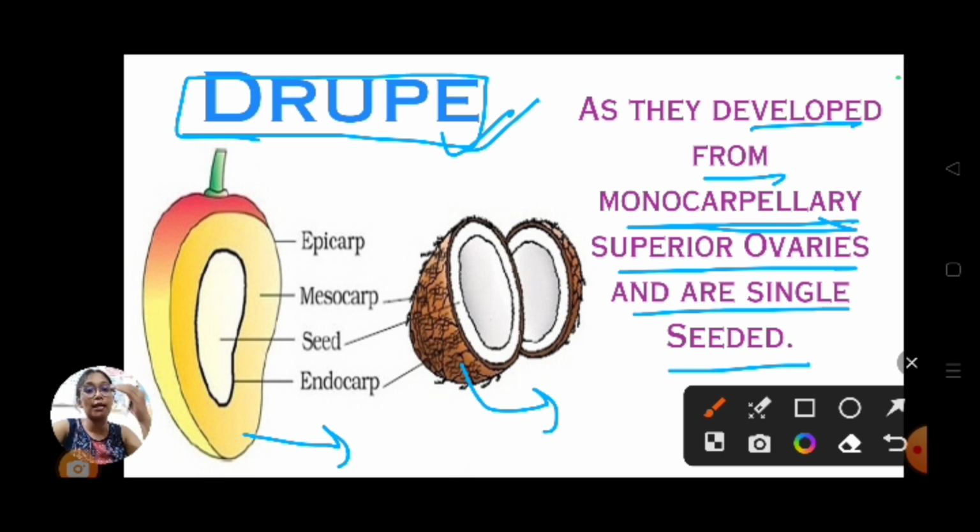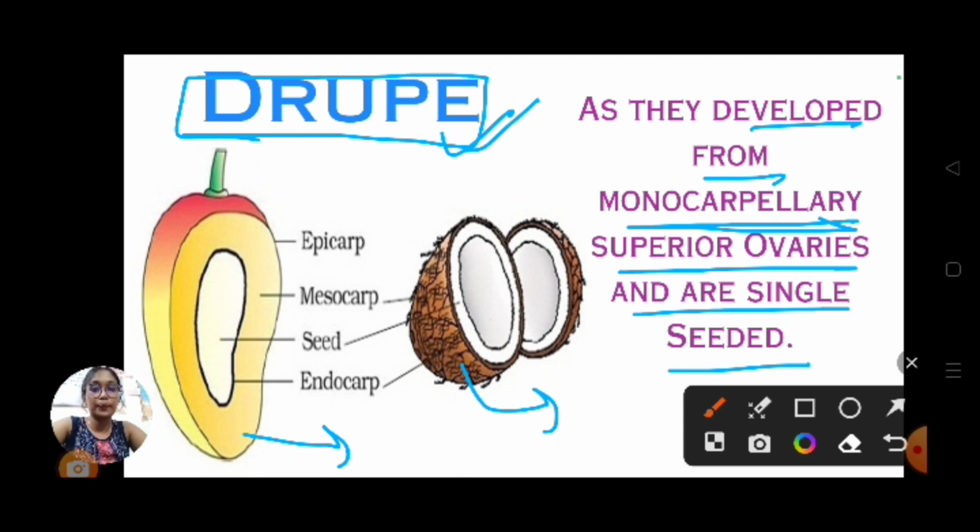That is a monocarpellary superior ovary. The ovary is at the top, and the rest of the parts, that is calyx, corolla and androecium, will be at the base. We have read about it. So it arises from a single carpel with a superior ovary, and is single seeded, only one seed.